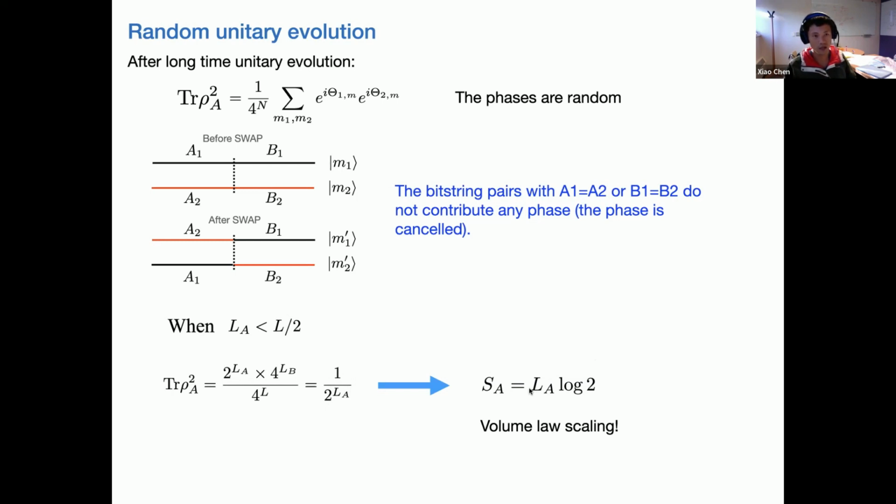This is a special case. We consider random unitary evolution, where we can show that all these phases are random except one spatial configuration, that is A1 equal to A2. They don't contribute a phase, but they can contribute to the entanglement entropy. Based on this picture, we will consider more complicated non-unitary dynamics.